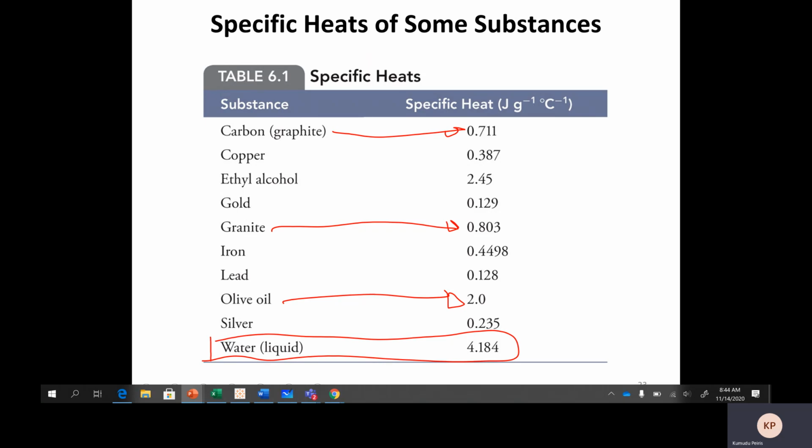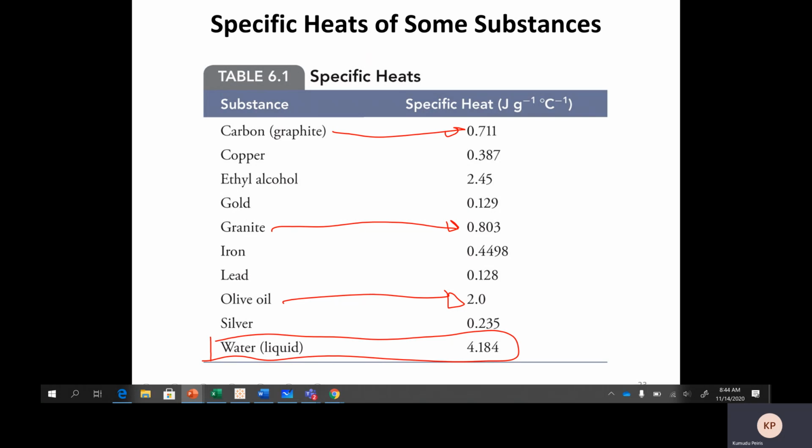So, in order to increase the temperature of water by 1 degree Celsius, it needs, in 1 gram of water, if we want to increase its temperature by 1 degree Celsius, we need 4.184 joules.